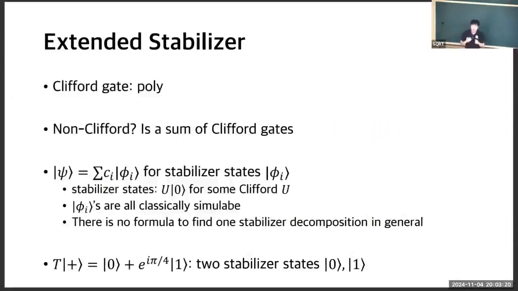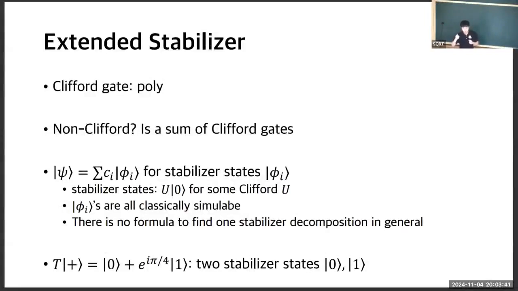So we know that Clifford gates are simulable in polytime, but if it is non-Clifford, then we can take that as a sum of Clifford gates. So we can say that stabilizer states are just states that can be generated by Clifford gates.